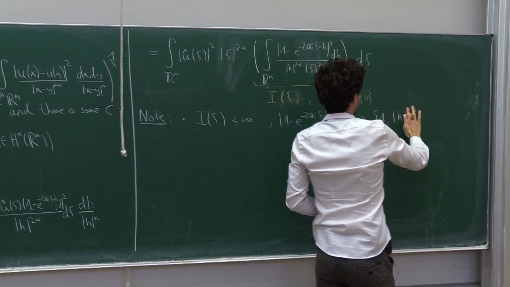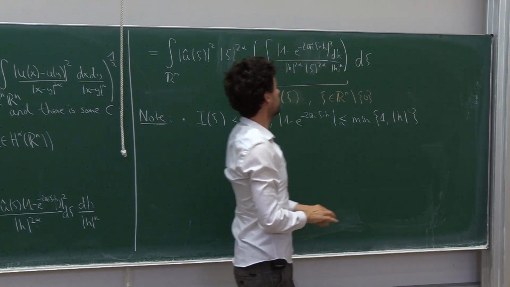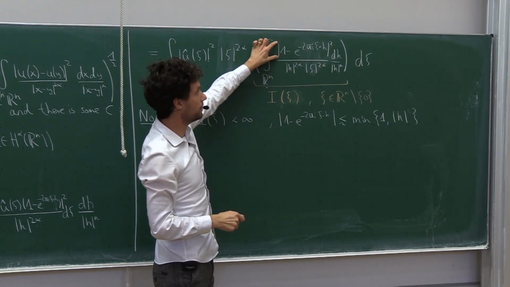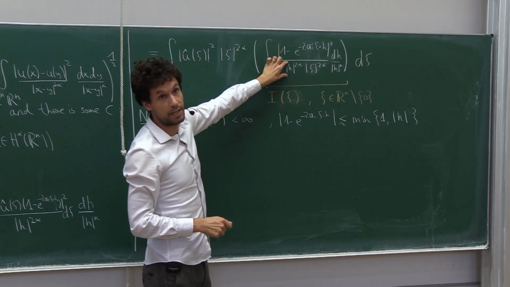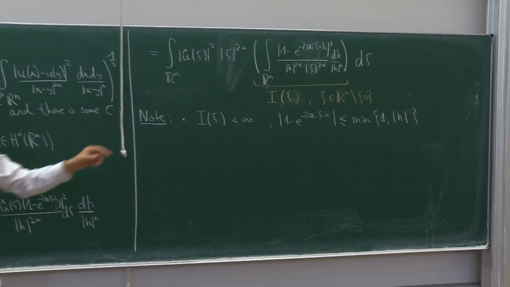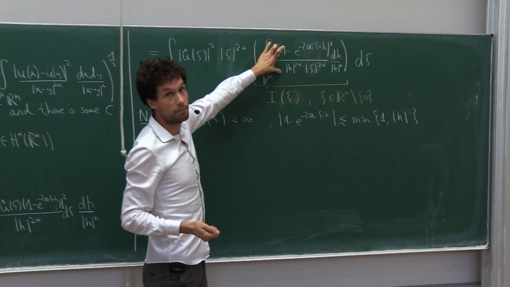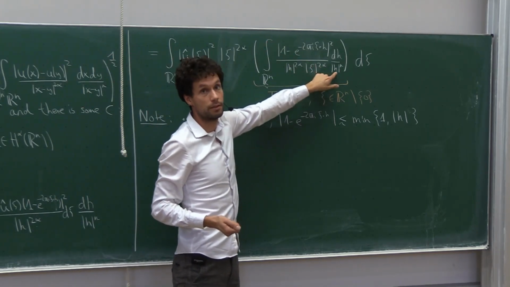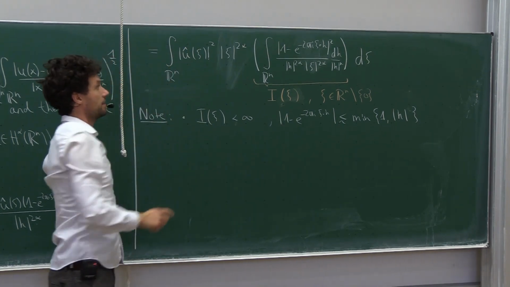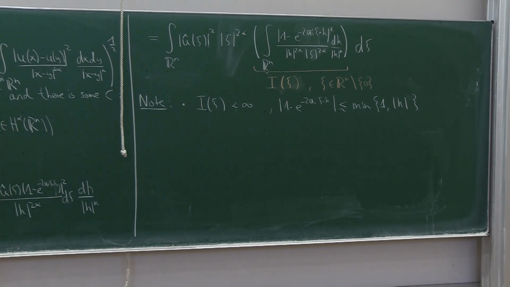So I'm able to control this by a linear quantity in h. And if I have a linear quantity in h, then I'm having power h squared here. I divide by h to the 2 alpha. 2 alpha is less than 2. So all of a sudden I get a positive power of h here, and then it's integrable also near the origin. Okay, so these two things together imply that these integrals are finite.